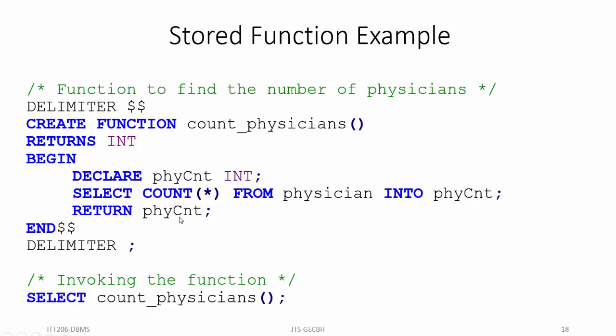Then that particular value is returned. This $$ sign denotes the end of the function, and after that we will change the delimiter back to semicolon. Now if we want to call this function we can simply use the select statement, that is select count_physicians(), and then semicolon, to denote that the SQL statement has ended.